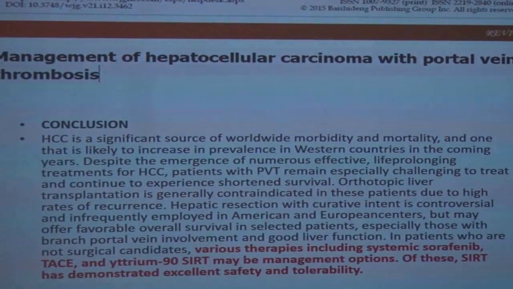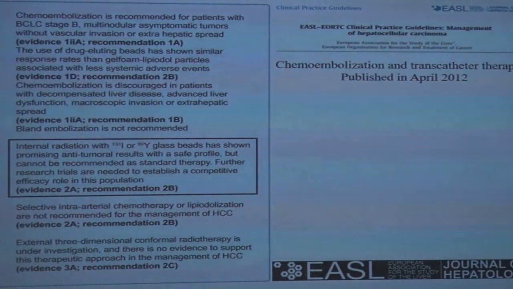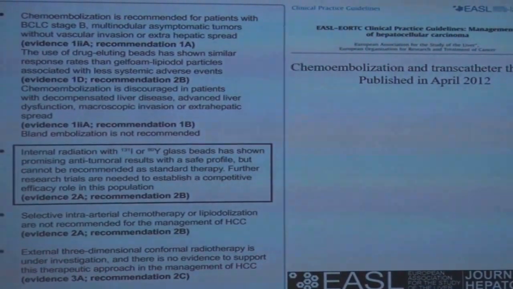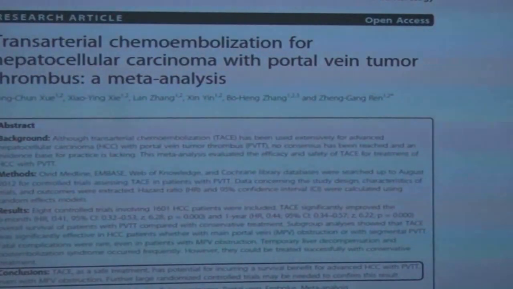But regarding contraindications, there is a publication from the European Society that yttrium beads are not recommended as a standard therapy. Further research trials are needed to establish the competitive efficacy of their role in these populations.